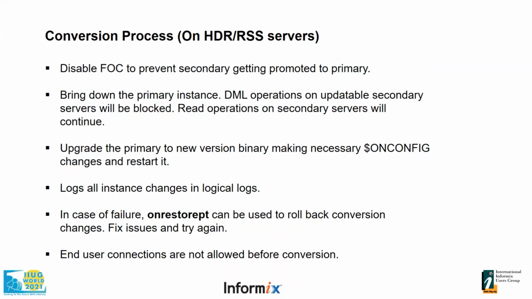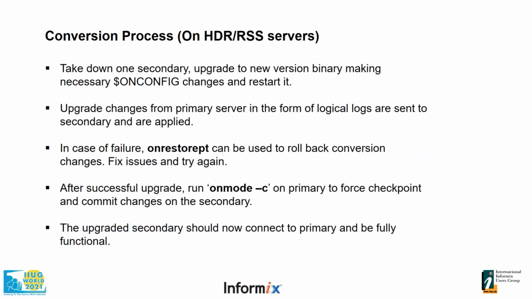Before that, in case there are any user connections or sessions, those will be blocked during the conversion process on each instance, right? So you will not have any new incoming connections allowed, or the current ongoing connections performing operations. Now moving on to secondaries.